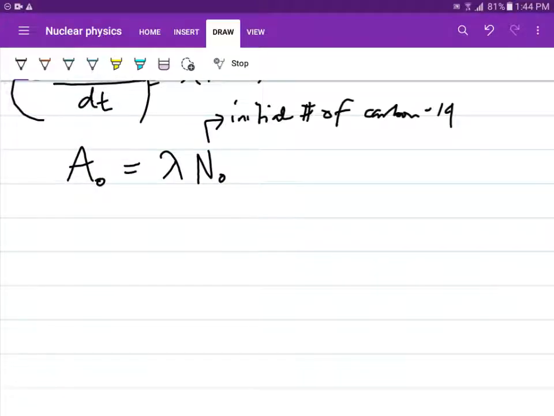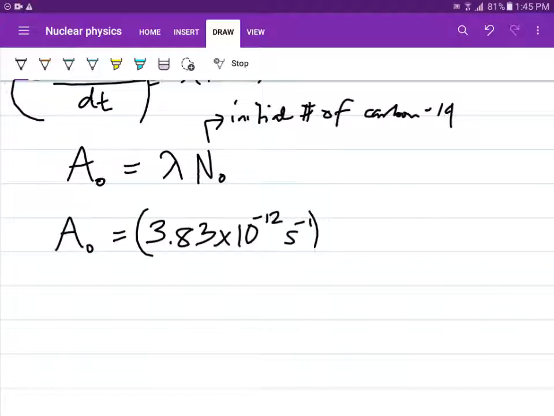So A naught equals our decay constant, 3.83 times 10 to the minus 12 per second, times the initial amount of carbon 14 atoms, 6.0 times 10 to the 10.